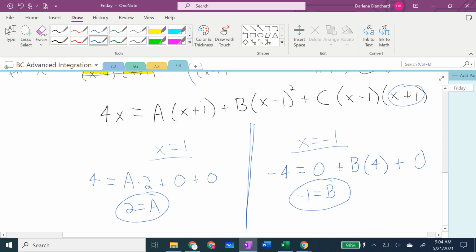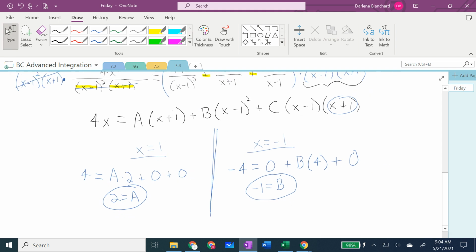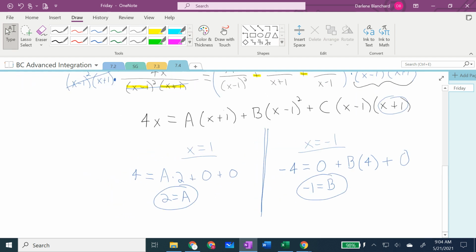Now, here's what's different. I don't have a third 0. So here's what we get to do. We get to pick any number we want. We didn't have to use x equals 1 and negative 1. We could have used 3 x's that were not zeros of that original denominator.